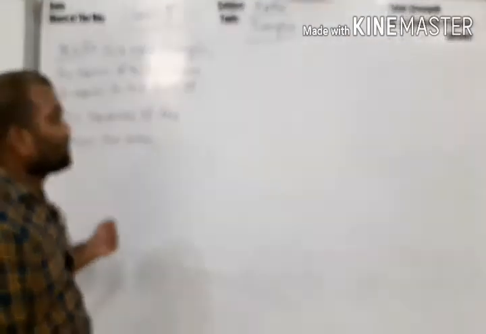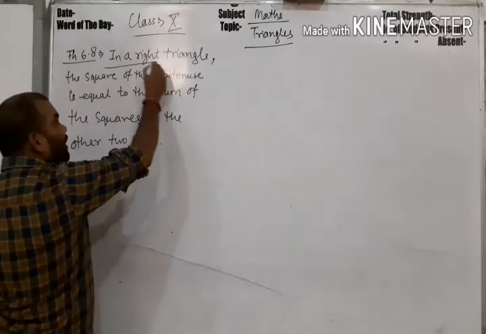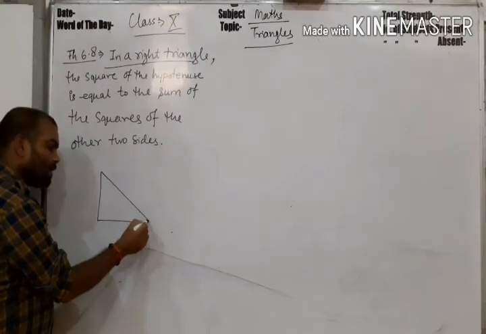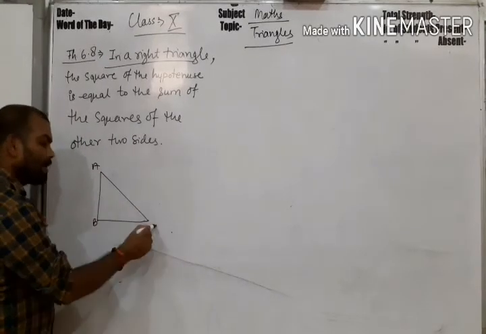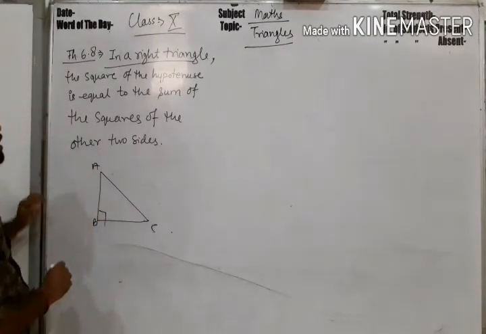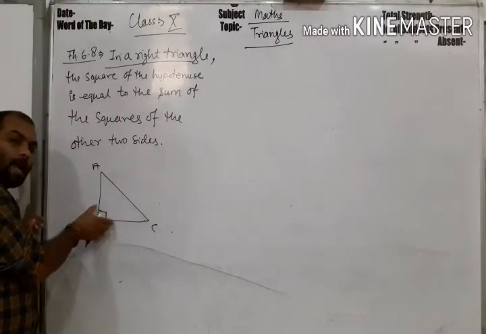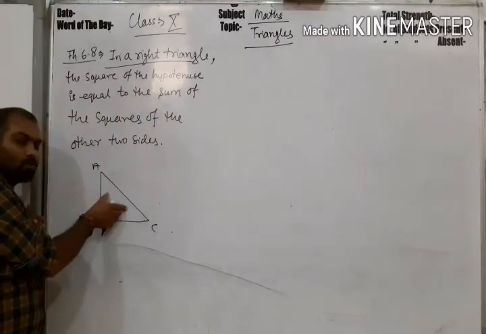This states that in a right angle triangle, suppose this is the right angle triangle ABC, right angle at B, the square of the hypotenuse, the side opposite the right angle, is always the hypotenuse.